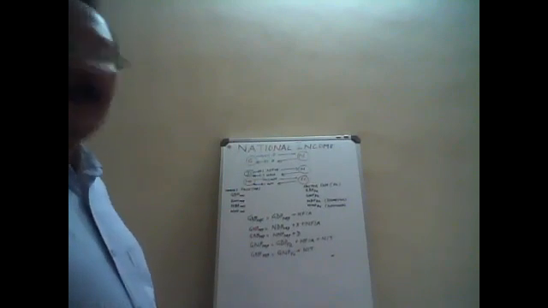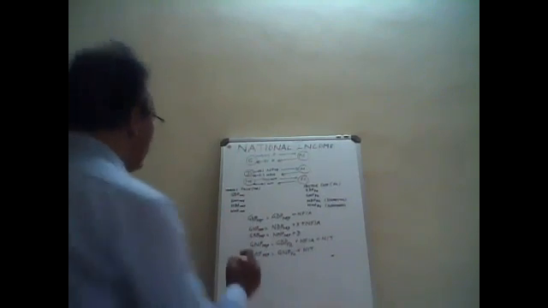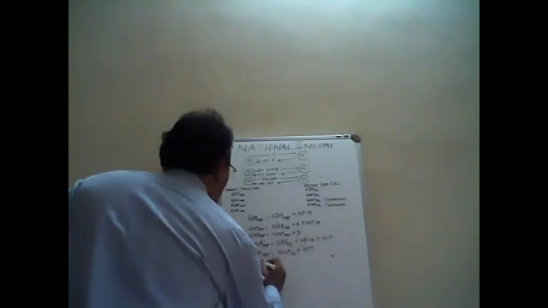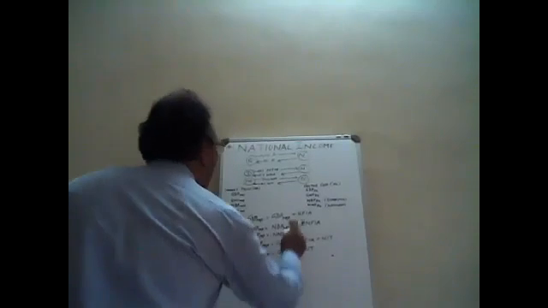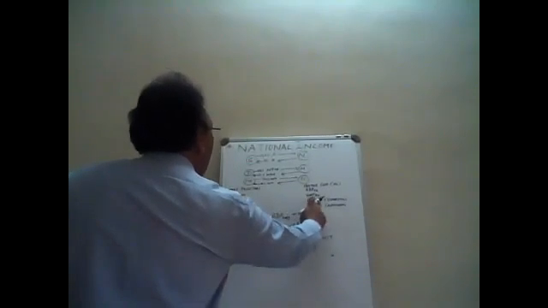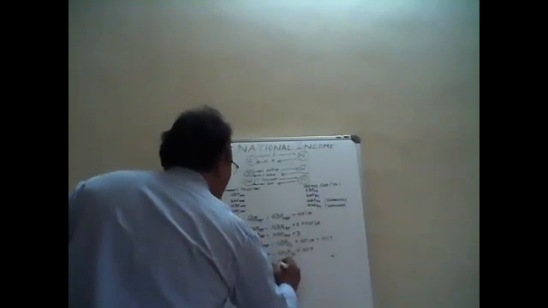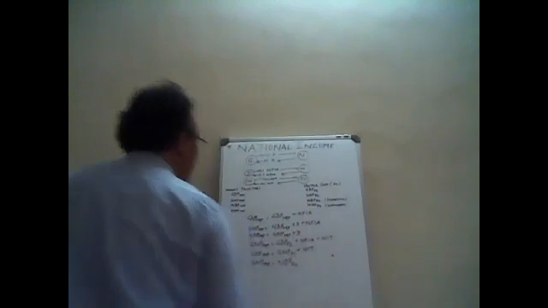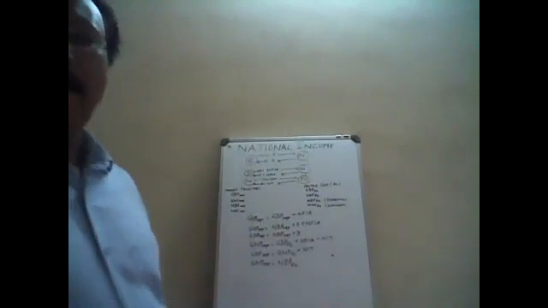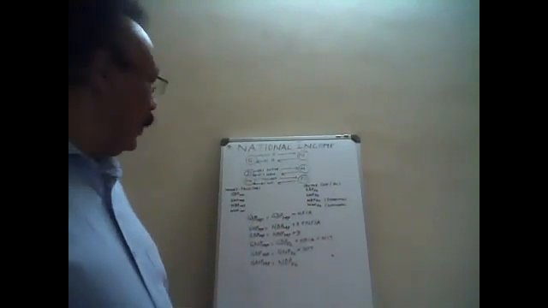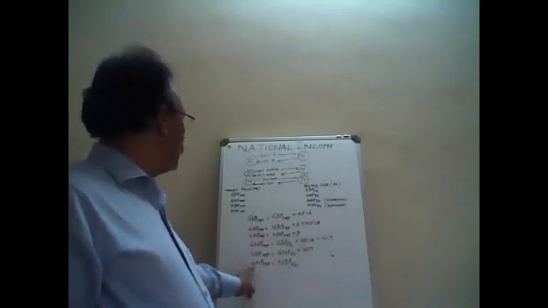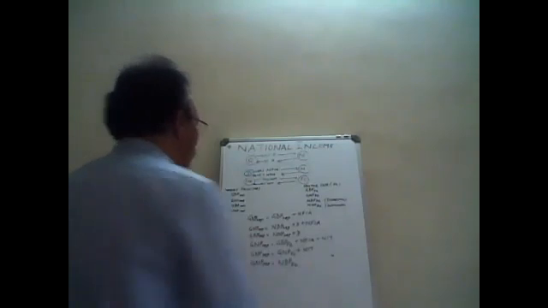Okay. The next is GNP at market price, when NDP at factor cost is given. Now you see, from net to gross, what would we do?